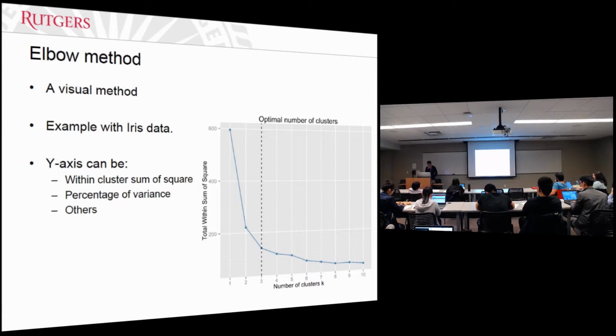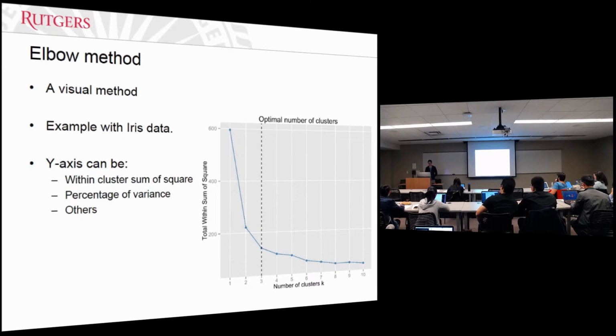You can see from the right picture, the x-axis is the number of clusters we have assumed, and the y-axis can be the within-cluster sum of squares, or we can also use percentage of variance and others.